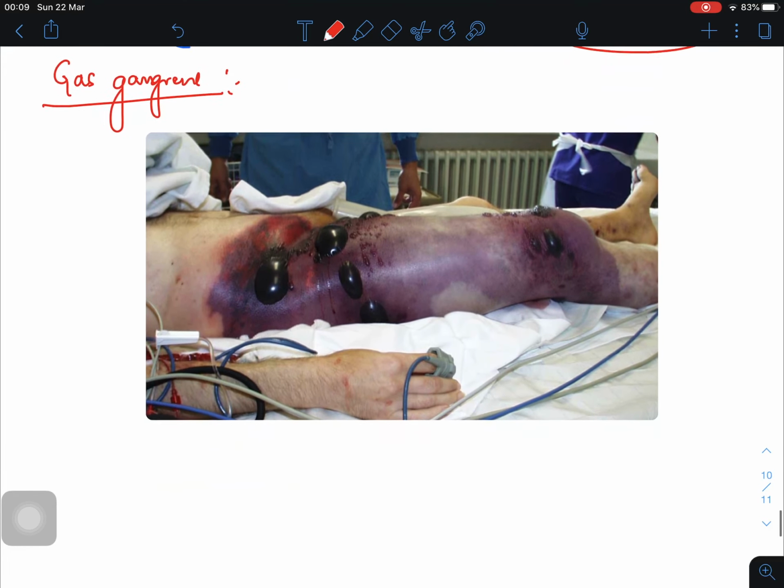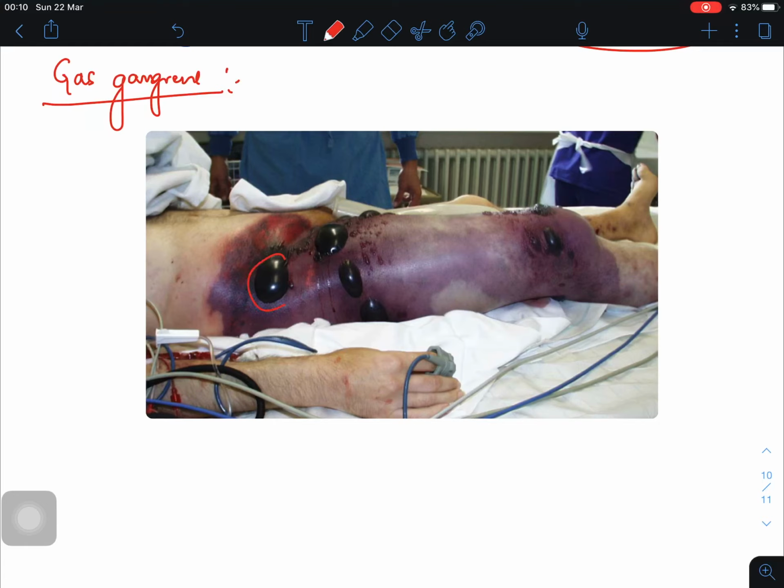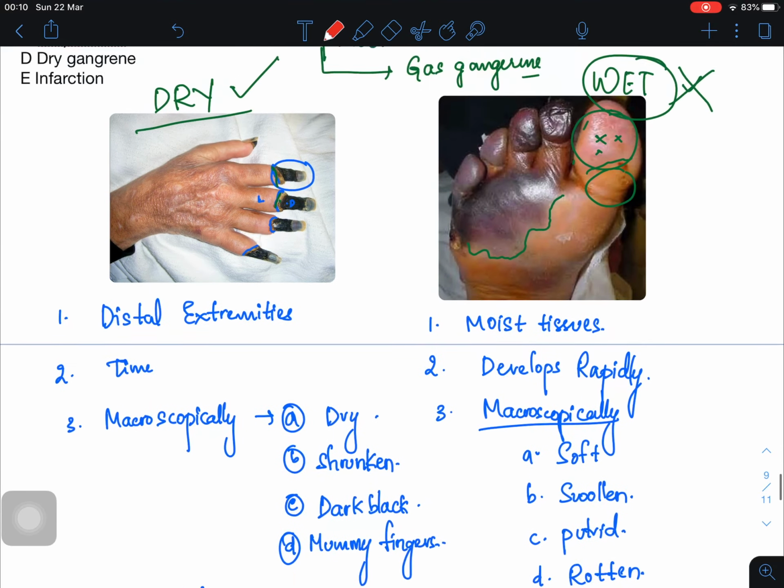This is the picture of gas gangrene. You see the bubbles over here, right? These bubbles have a heavy amount of gas within them. So when I say gas gangrene, it means it might be caused by some bacteria, right? This gas gangrene looks like a wet gangrene because there are no clear lines of separation. So gas gangrene is a form of wet gangrene, with accumulation of gas bubbles within the tissue in the affected area. Okay, so this is the example for gas gangrene.